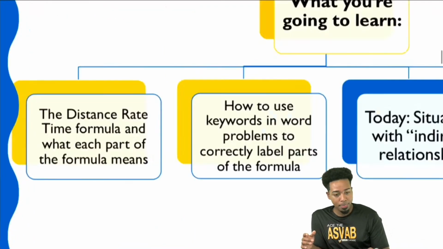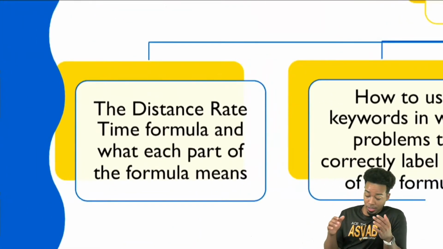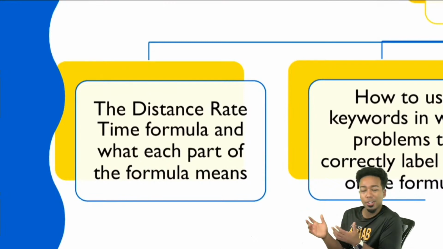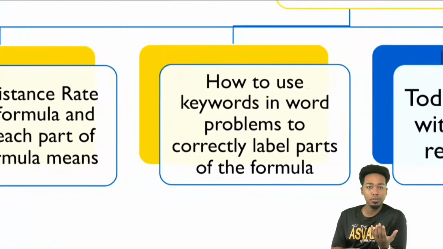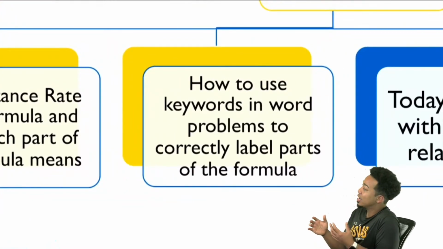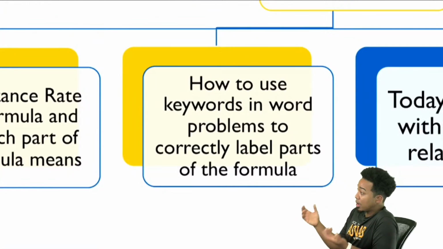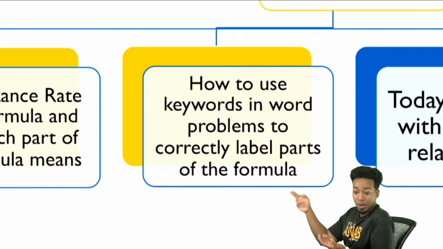Number one, first thing we got to take care of is learning the formula, refreshing on it if you weren't here before. Second, after we learn the formula, we got to take a look at word problems. When I'm looking at a word problem, how do I know that this means this, and that means that?